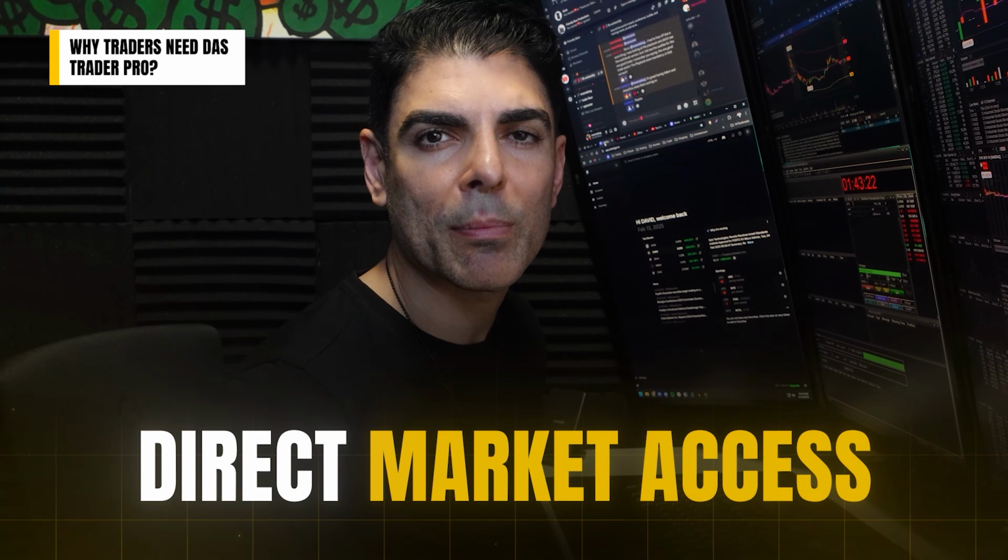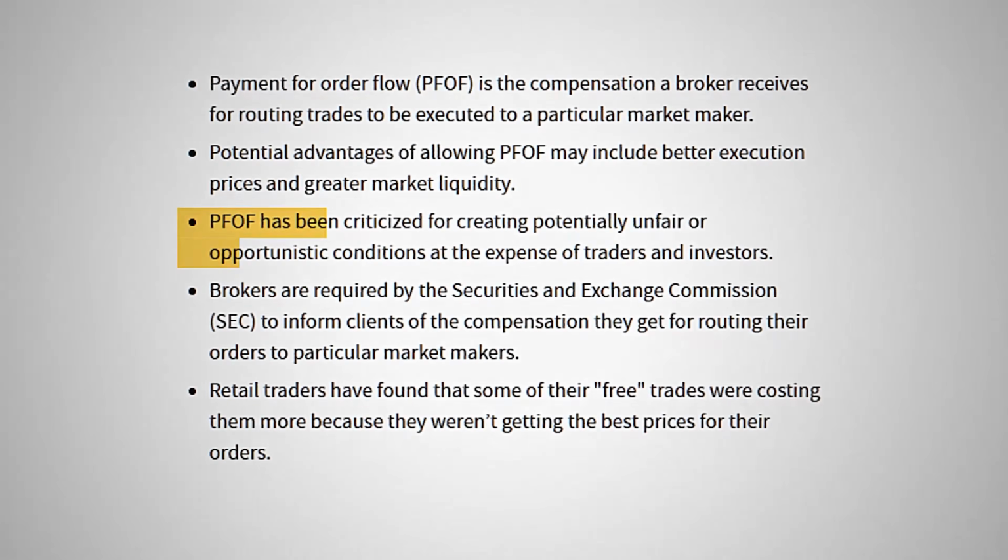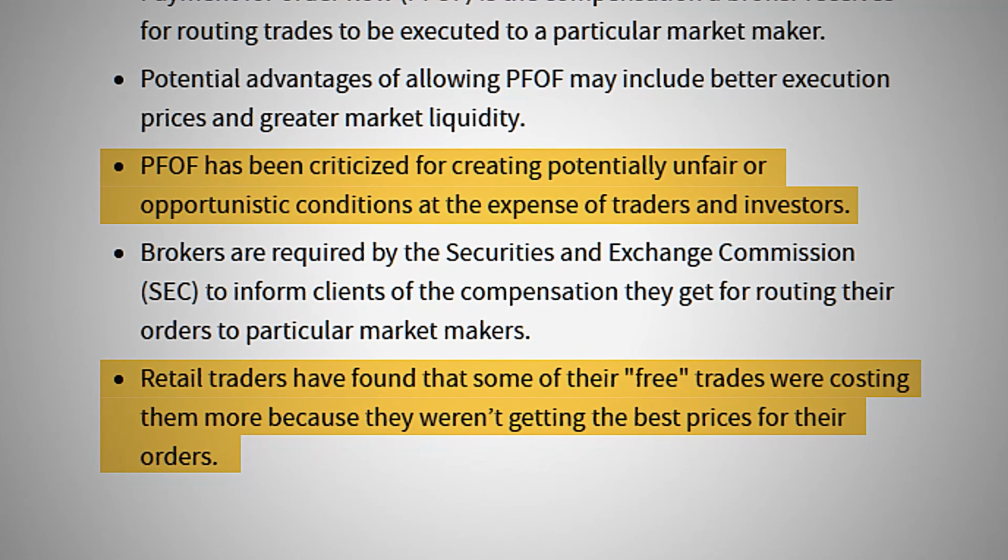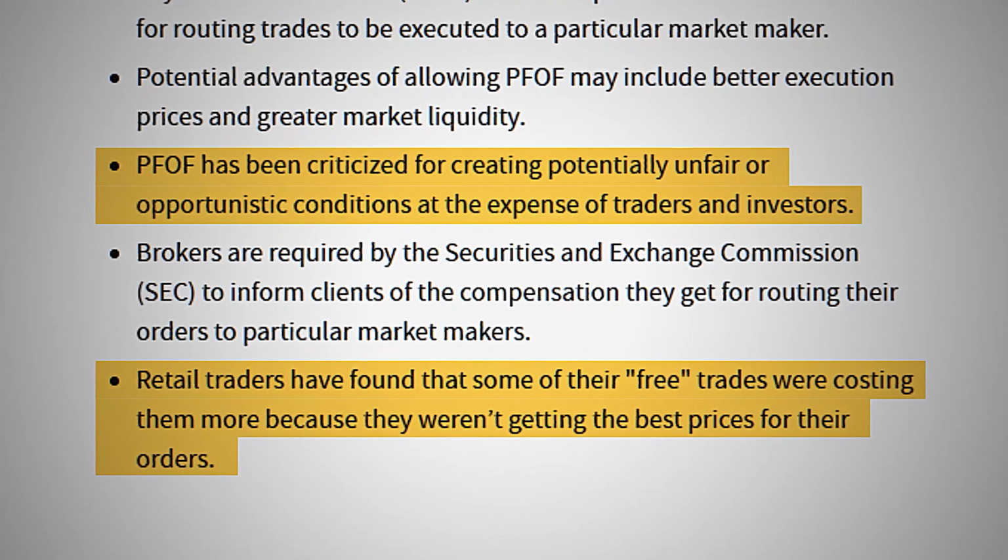and order routing. EdgetoTrade Pro is a direct market access platform, meaning it connects you straight to the market without unnecessary delays. Most retail broker platforms use payment for order flow, meaning your orders get routed in a way that benefits brokers, not you. This is why you'll often see stocks move right past your entry price without getting filled. It's not just bad luck, it's because your broker isn't prioritizing your order.